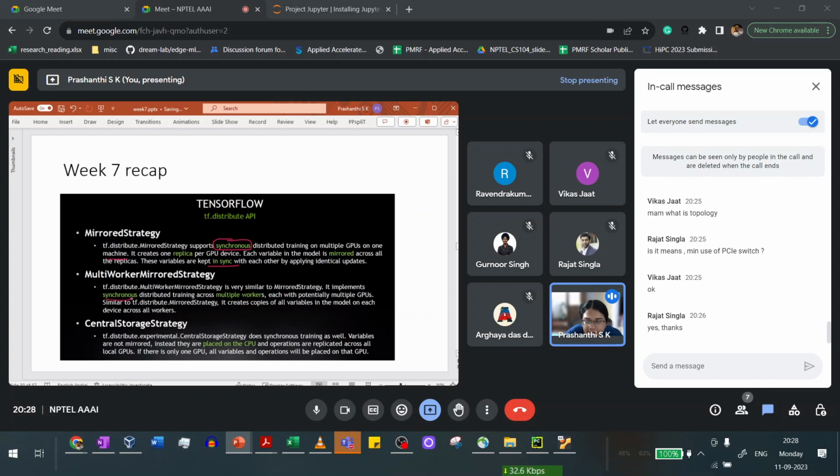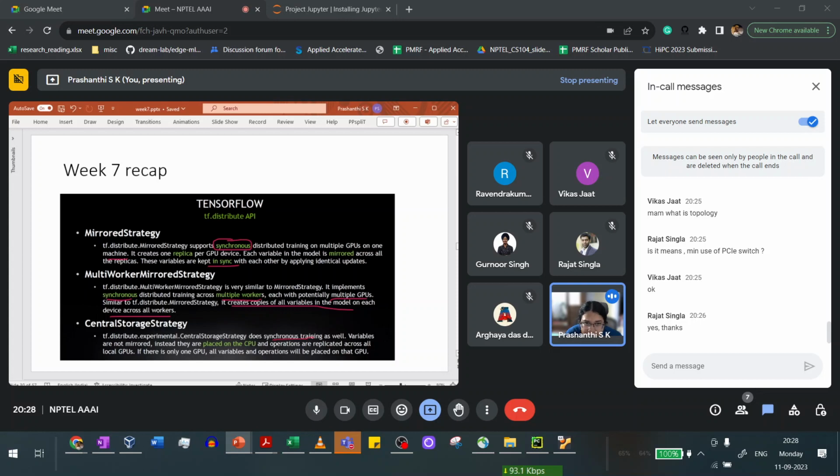It implements synchronous training across multiple workers, each with potentially multiple GPUs. So again, it's synchronous, so it will create copies of all variables in the model on each device across all workers. So the only difference is that it has multiple workers. That's the only thing.